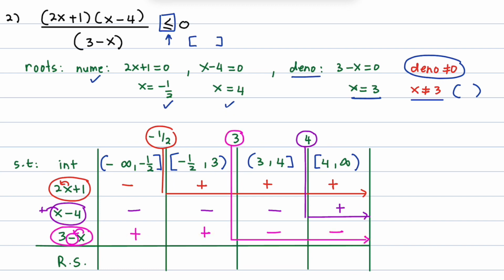Now you have to do your resulting sign. So resulting sign, what is it? You multiply the column of your signs. So over here, negative multiplied by a negative number, you're going to have a positive. Or what I would do is I count how many negatives we have. If we have an even number of negatives, the result is positive. So let's look at the second column.